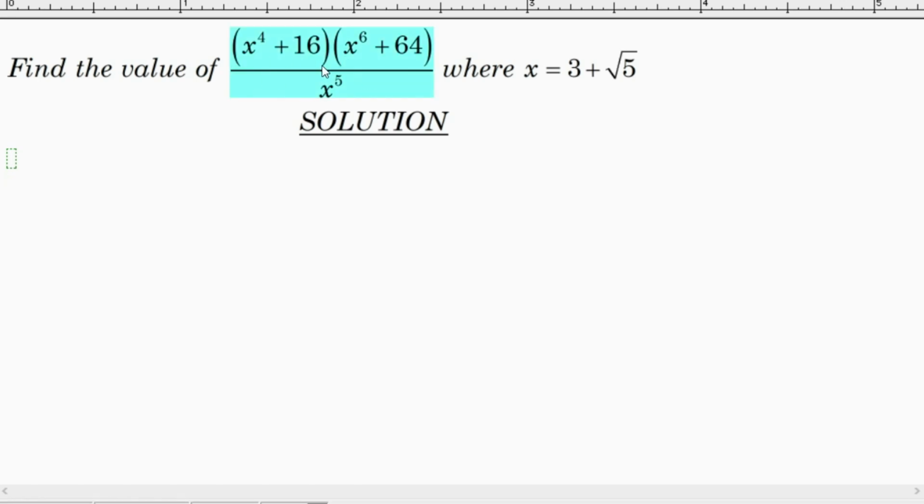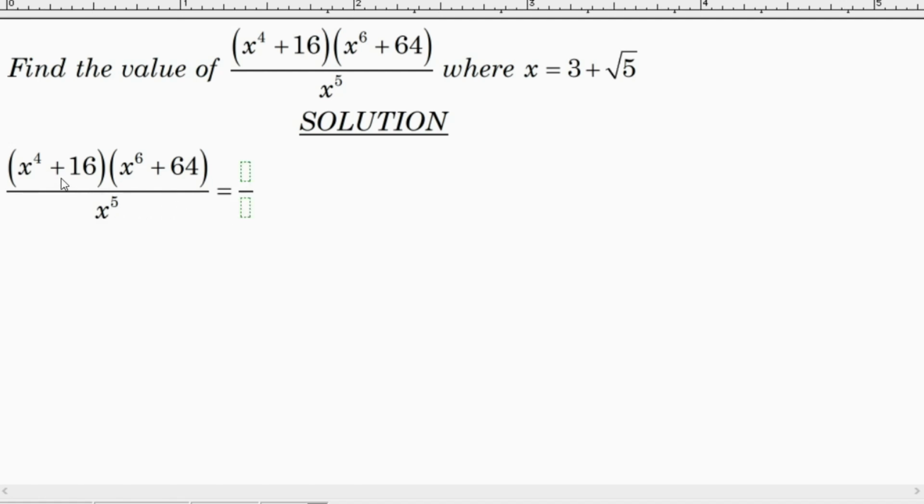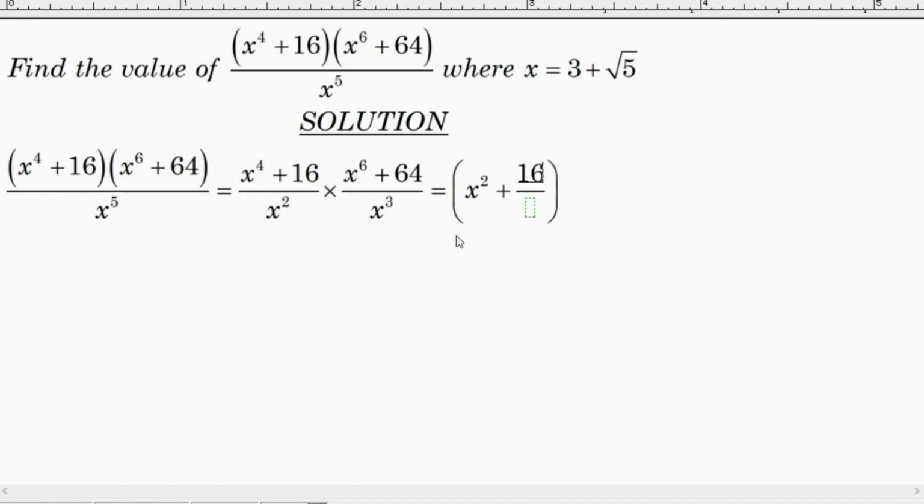So we have this expression, and we will simplify it. The first factor can be divided by x squared, times the second fraction divided by x cubed. This equals (x squared plus 16 divided by x squared) times (x cubed plus 64 divided by x cubed).